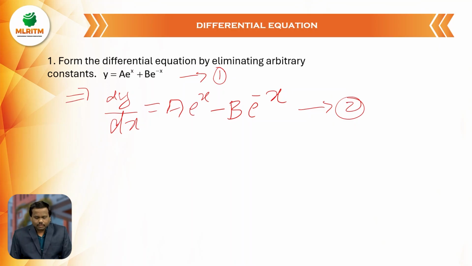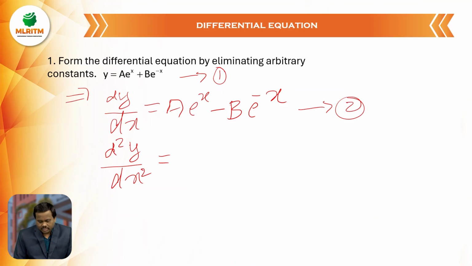So once again we differentiate with respect to x, that is d square y by dx square. The derivative of e power x is e power x, and the derivative of e power minus x is minus e power minus x. So a e power x, and minus into minus is plus, b e power minus x.